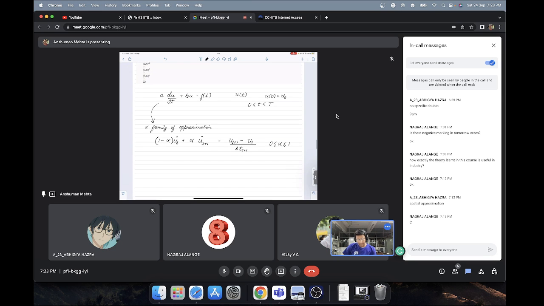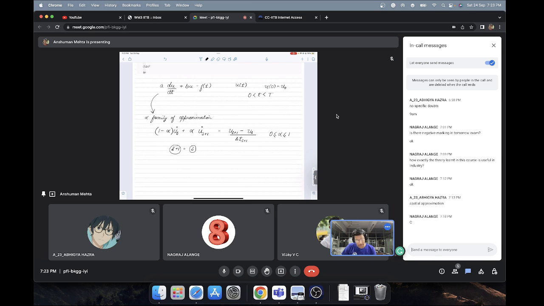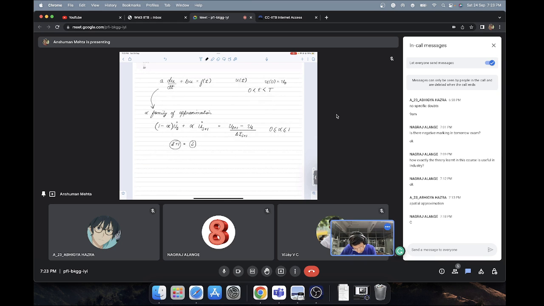Here you can see if we open the bracket, and let's say that s plus 1 and s are the same. Let's say for this condition s is equal, so there is no iteration kind of thing. Now what happened is this is u_s dot minus alpha u_s dot plus alpha u_s.